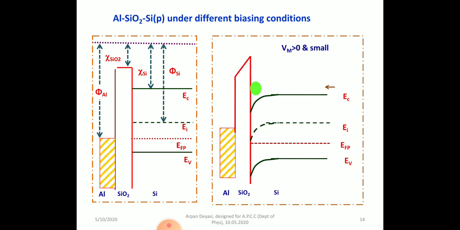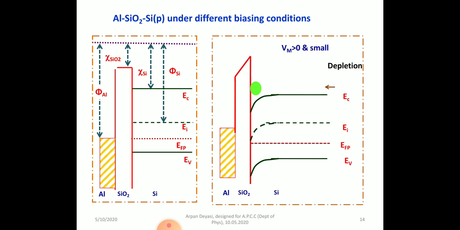And since this condition gives you the accumulation of minority carriers, that's why the condition is known as depletion condition. So I think with this logic, you have cleared the cases of accumulation and depletion. Let me summarize these two cases before going to case number 3.